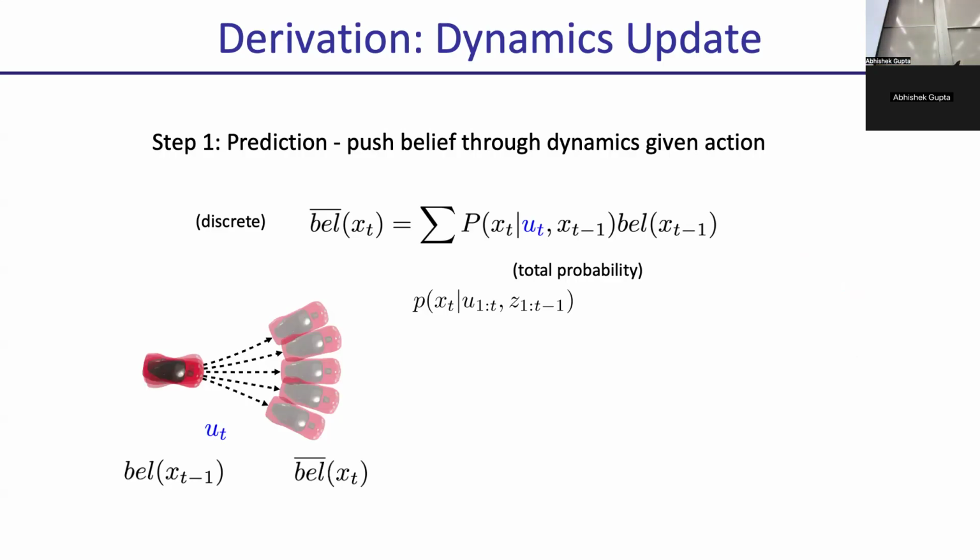Now I have belief bar on the left-hand side. I want to express it in terms of the right-hand side. How might I start doing this? A hint is you want to use this property: p of x is equal to the sum over y of p of x, y. Ideas?